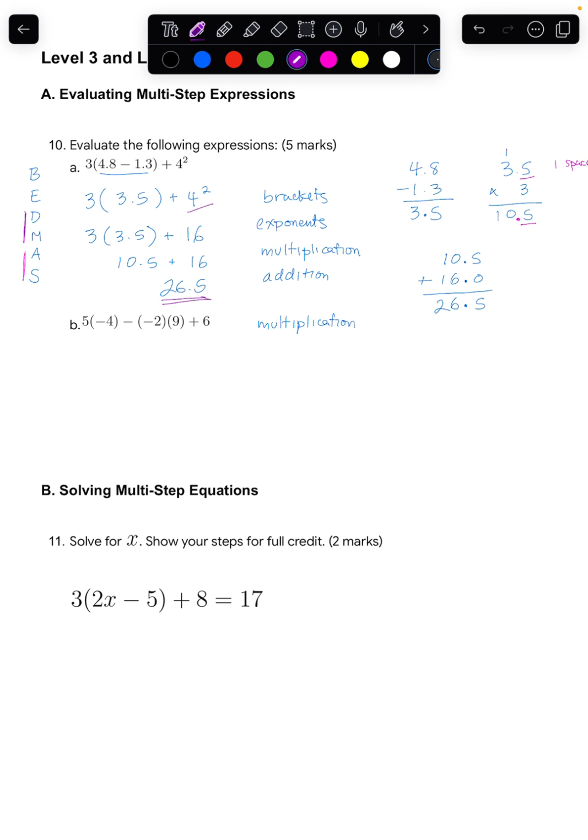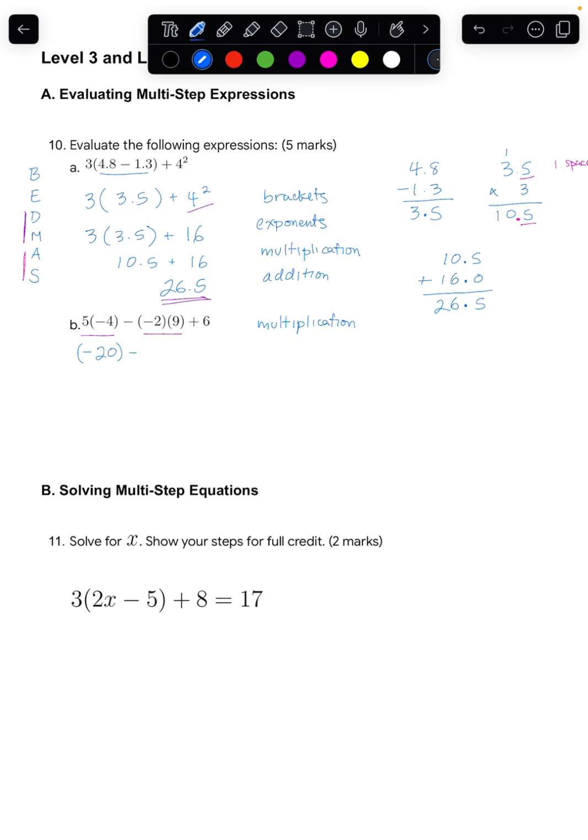So the multiplication is this 5 times negative 4 and negative 2 times 9. Let's do it. 5 times 4 is 20. So there's one negative sign between the two of them, so our final answer will be negative. So 5 times negative 4 is negative 20. And I'm going to put some brackets in there, just to be careful so we can keep track of our integers.